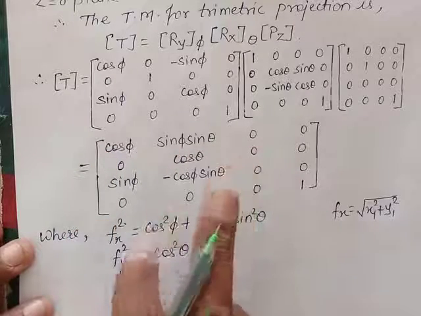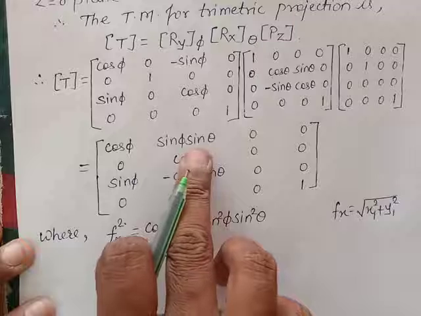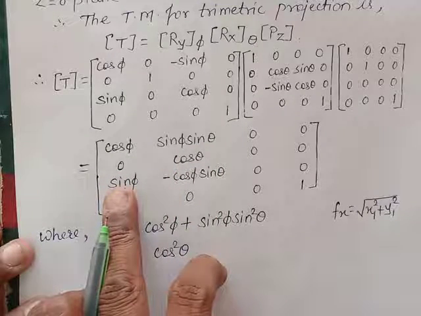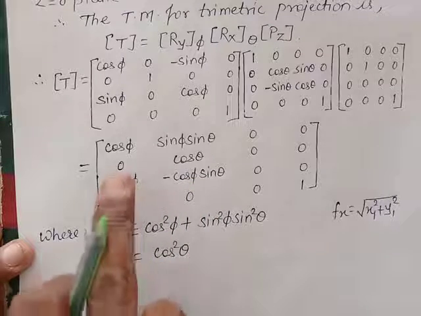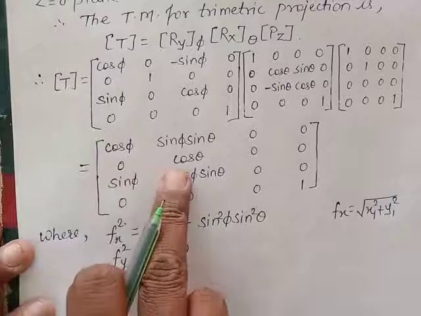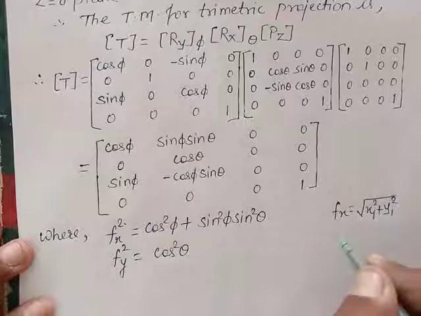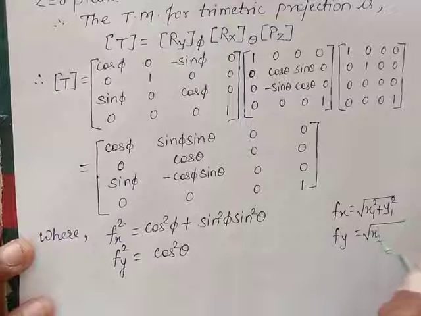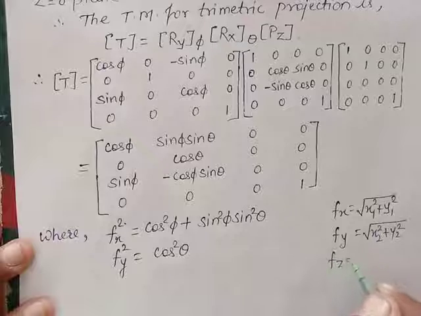If we compare with the matrix for axonometric projection, from that, this is y1. This is x2, y2. And x3, y3. So, let us write fy square is what? x2 is 0, so plus y2 square is what? Cos square theta. As such, fy is root x2 square plus y2 square. And fz is what?